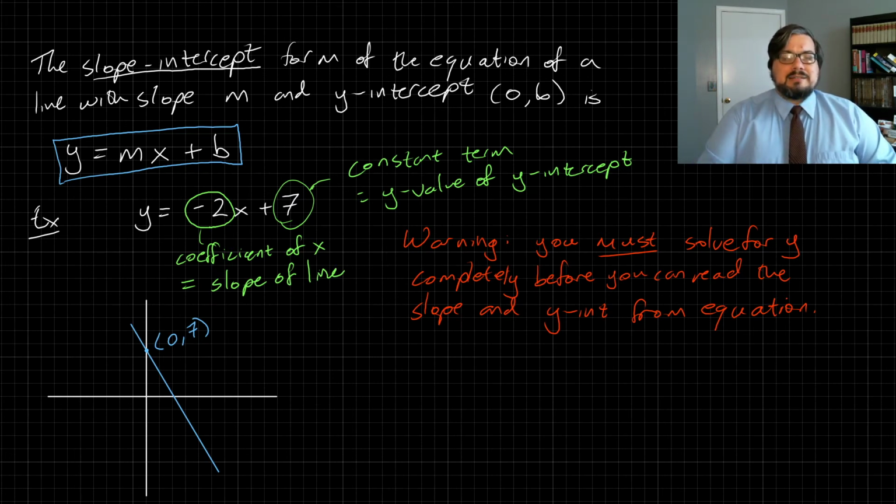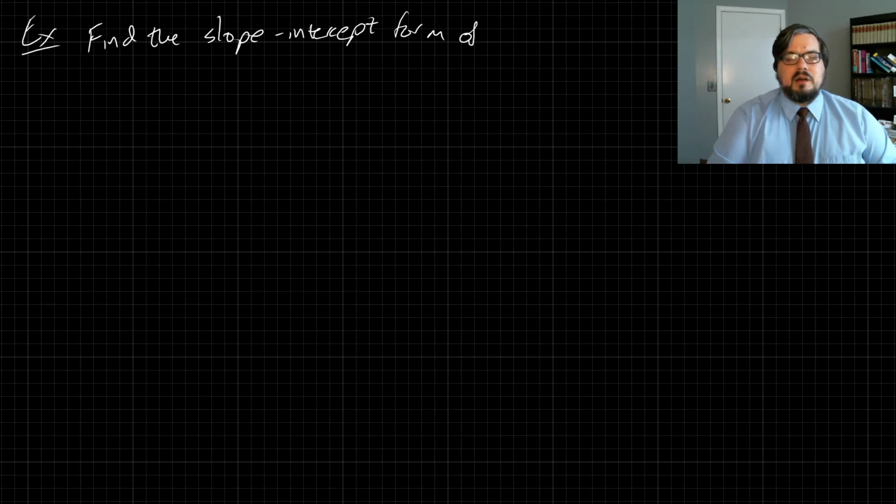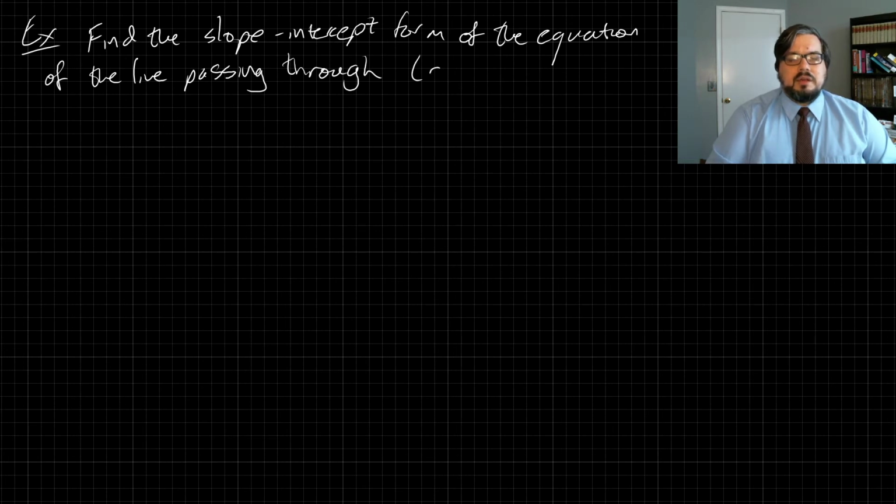So let's look at another example. Let's find the slope-intercept form of the equation of the line passing through 0, 3 and 1, 7.